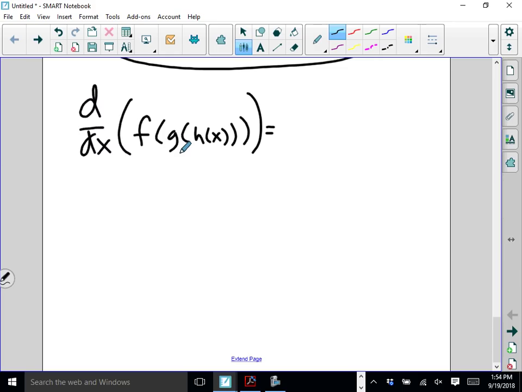So here's what happens. I do the derivative of the outer function with respect to the inner function. Well, my outermost function is f, so I do f prime, but I do that with respect to the inner function, which is g of h of x.